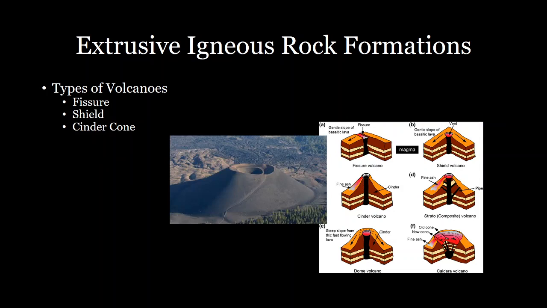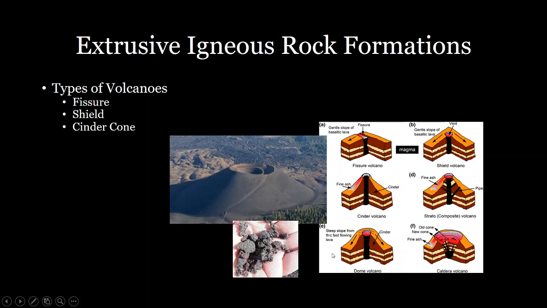Next, we have cinder cones. So cinder cones are really cool if you ever get to see one. They're dotted all over the western United States. But they're formed from cinder, which is small pebbles of volcanic material that come out and form these small domes.